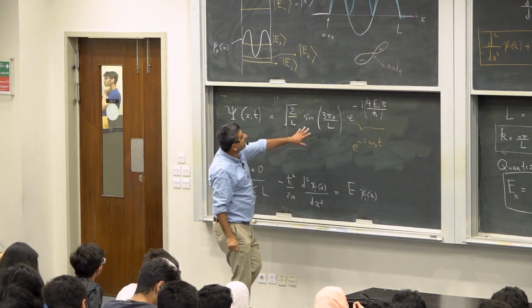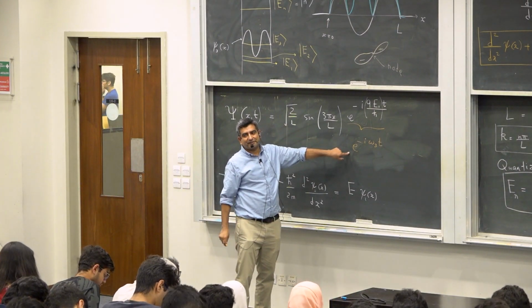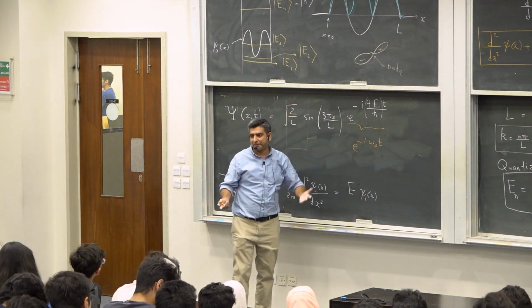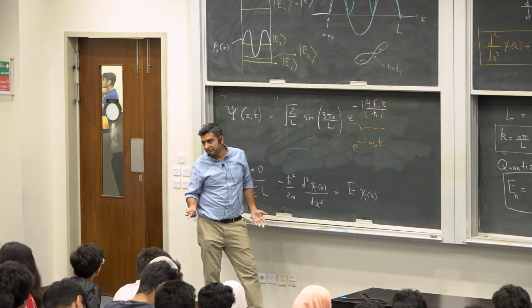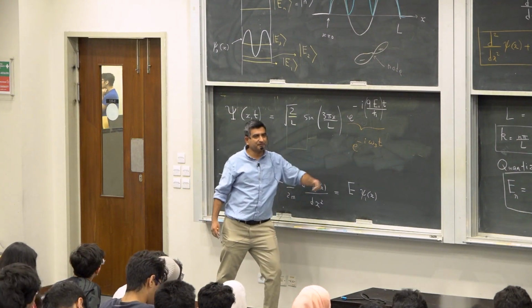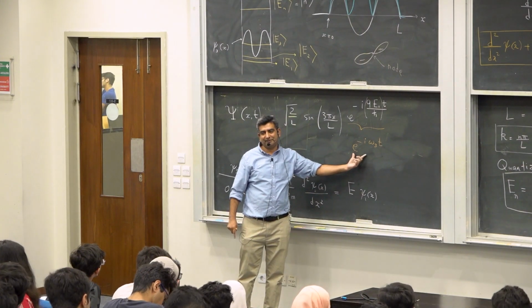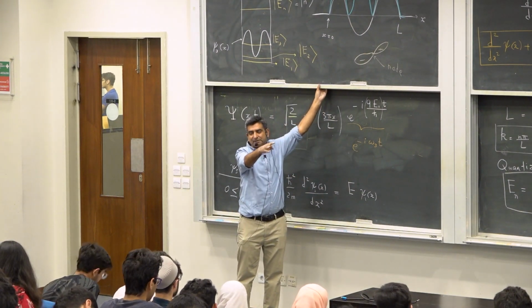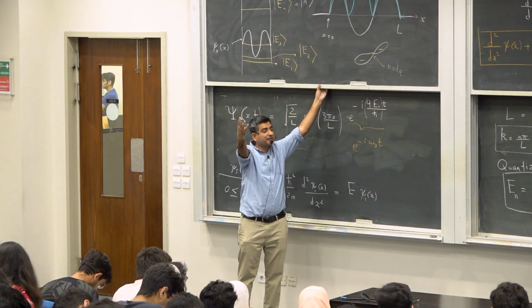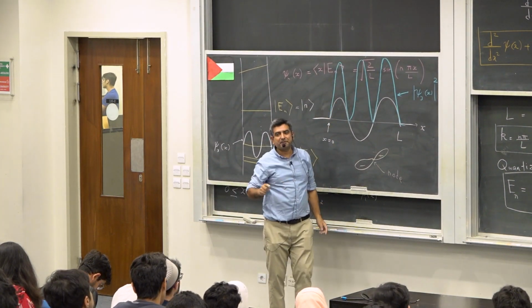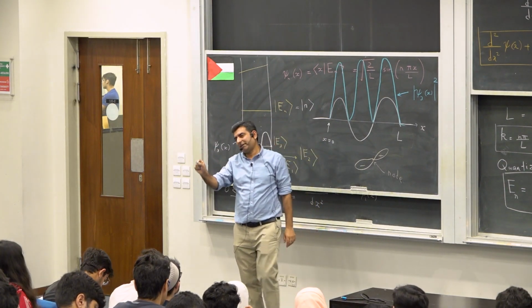Now I need to multiply this thing with this time dependent factor. And this, by the way, renders this wave function complex. It becomes complex because it's a complex number. But if I were just to plot the real part, I take cosine omega 3 t. Now the wave function is a complex number, so if I were to draw just the real part, this part has to be multiplied by cosine of omega 3 into t.